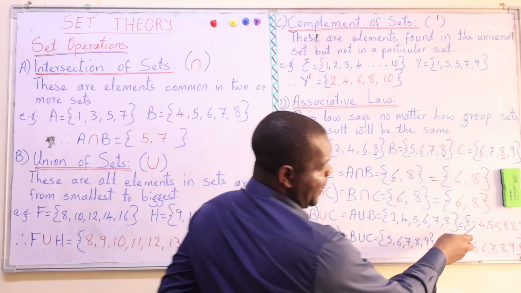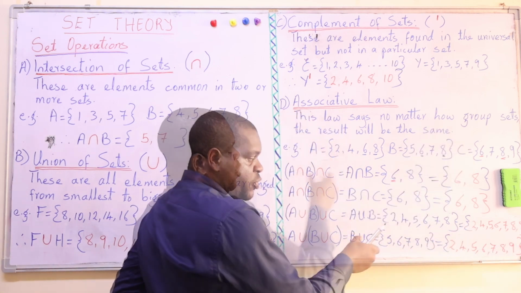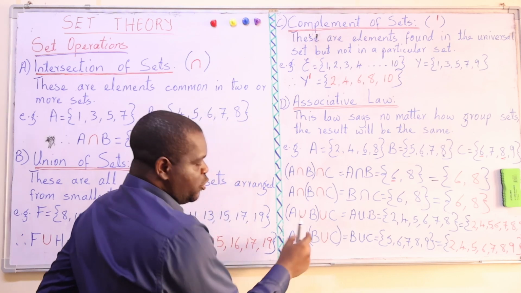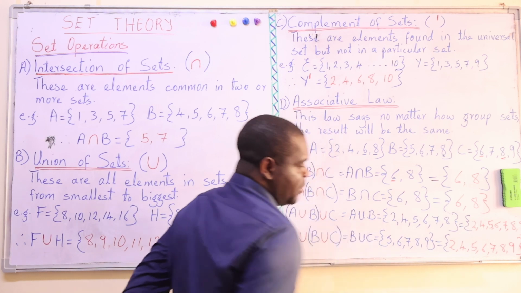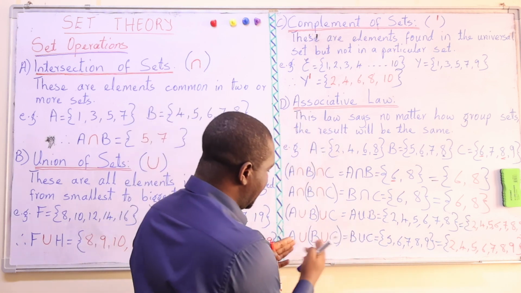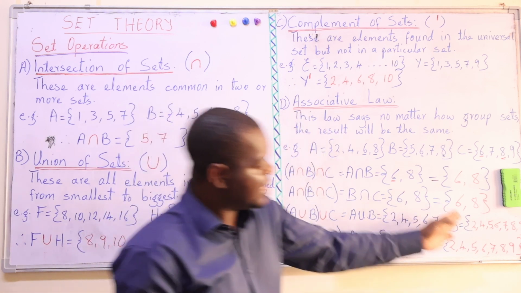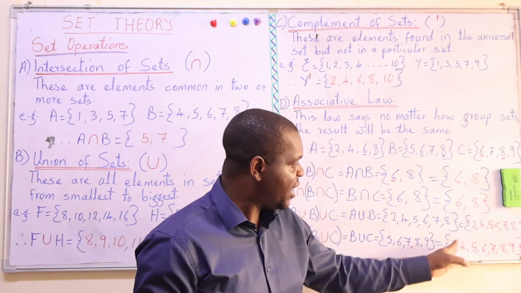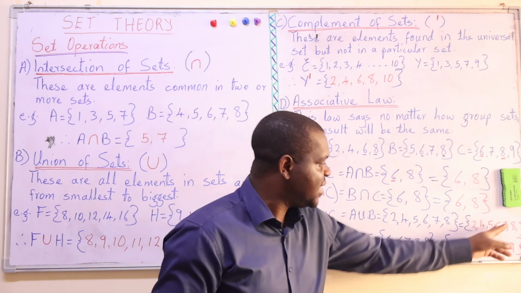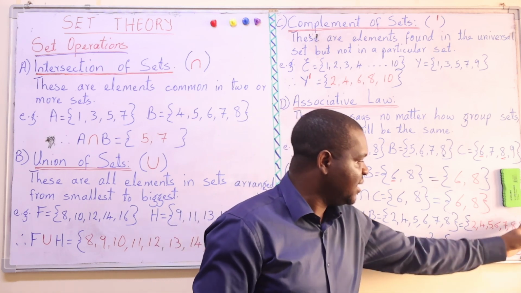If you compare set A union B union C and A union B union C, you will find that the answers are the same. So no matter how you group it, either this way or this way, your final result will be the same. You have 2 here, 4, 5, 6, 7, 8, and 9.